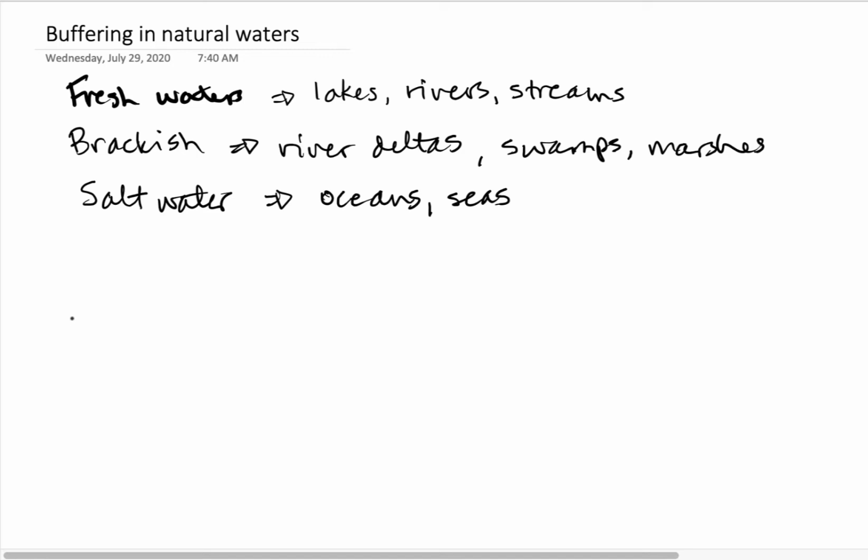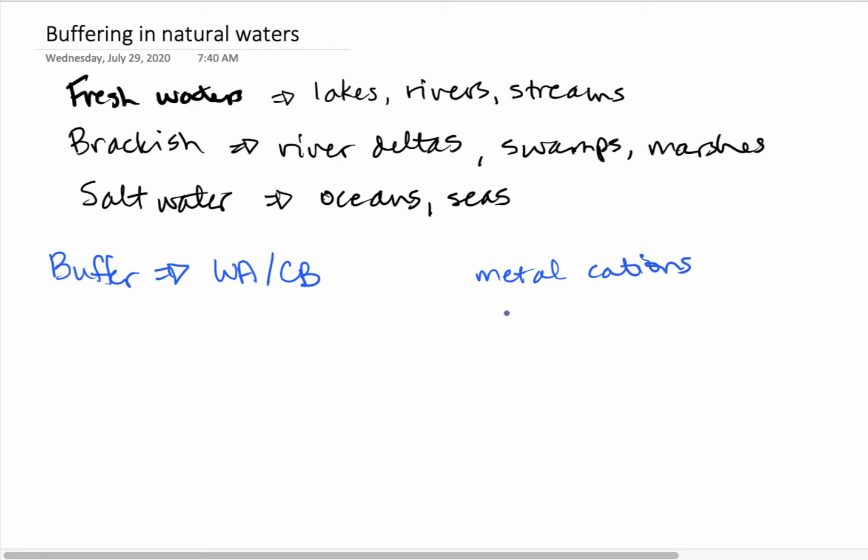So depending on how much stuff is dissolved in our water and what kind of stuff is dissolved in that water, we can end up having buffering in our natural waters or not. So if we think about what a buffer was in a laboratory setting, we have a weak acid and a conjugate base. And there's lots of things that can dissolve in water. We have lots of metal cations.